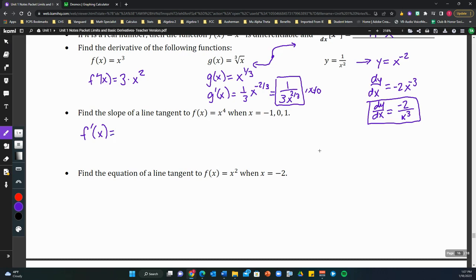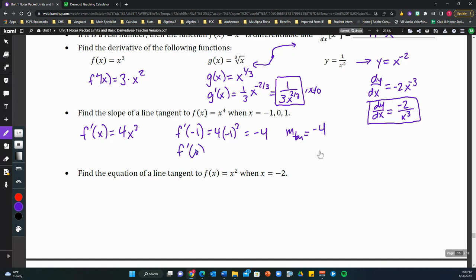So using the power rule first, this would become 4x to the third power. And then to find the slope of the tangent lines at these different points, we just plug each value in. So when x is -1, f prime of -1 would be 4 times -1 cubed, or -4. So again, the slope of the tangent line when x is -1 on that graph would be -4.